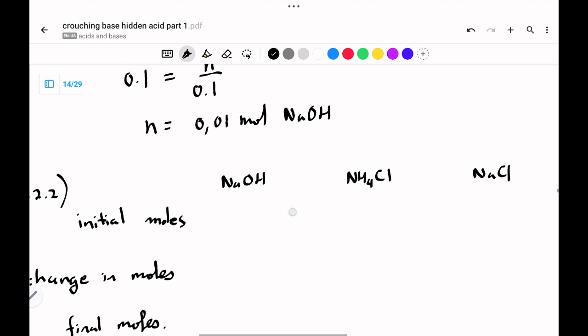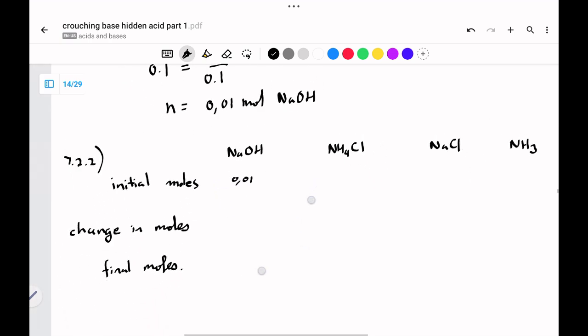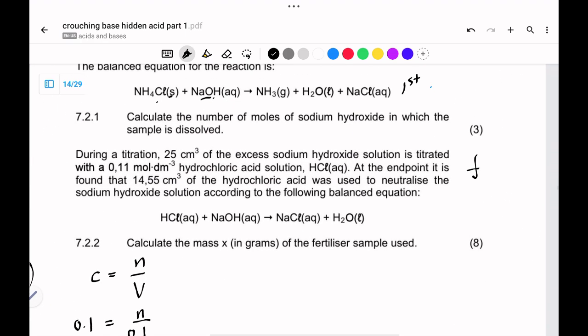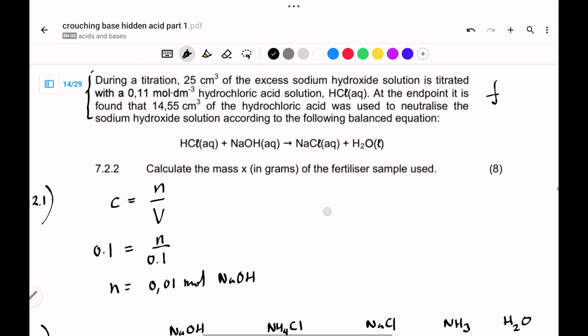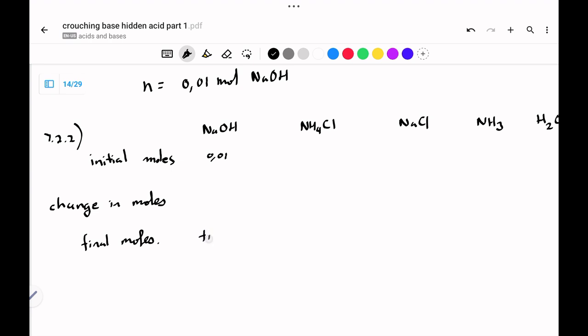The initial moles of sodium hydroxide, we have that. The final moles, we're going to find that with this information here, this measurement. Let me simply write titration and multiply by 4.